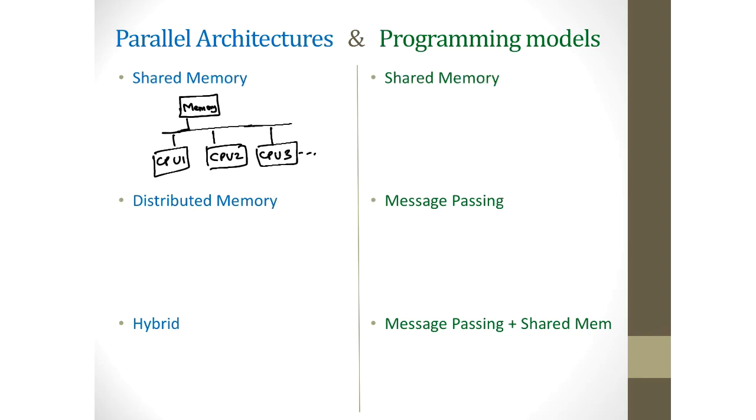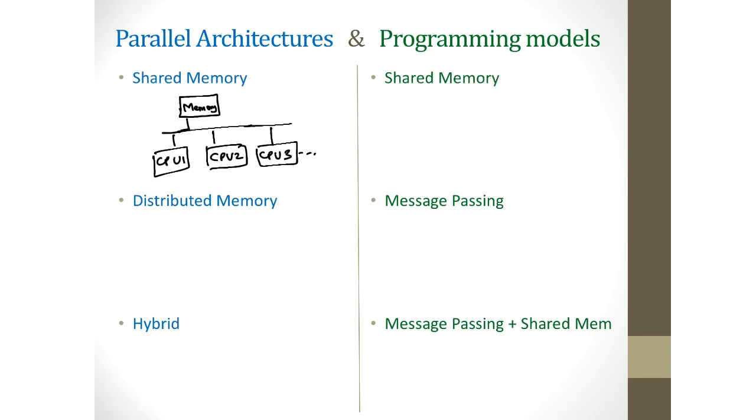So there's a single memory unit that is shared by all the processors. That's why it's called shared memory. So typically there's a common bus that sits between the memory and the processing units, and all the CPUs share that bus, so you require an arbiter to figure out which CPU gets access to the memory. Anyways, we'll get into more details of this later, but just to understand that that is what shared memory means at a high level.